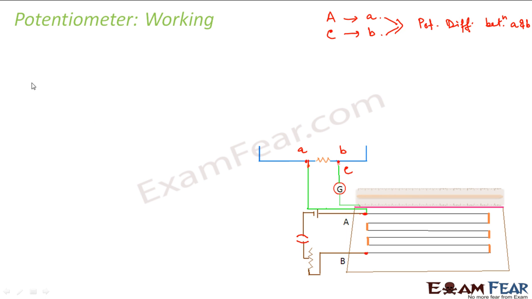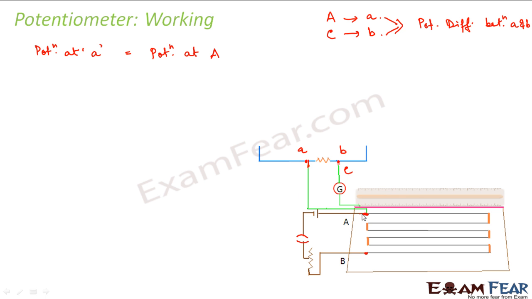Here we take one assumption: all the connecting wires used here have negligible resistance. So there is no resistance in these connecting wires. What will be the potential at point A? If we assume this wire doesn't carry any resistance, then the potential at A will be equal to the potential at a.